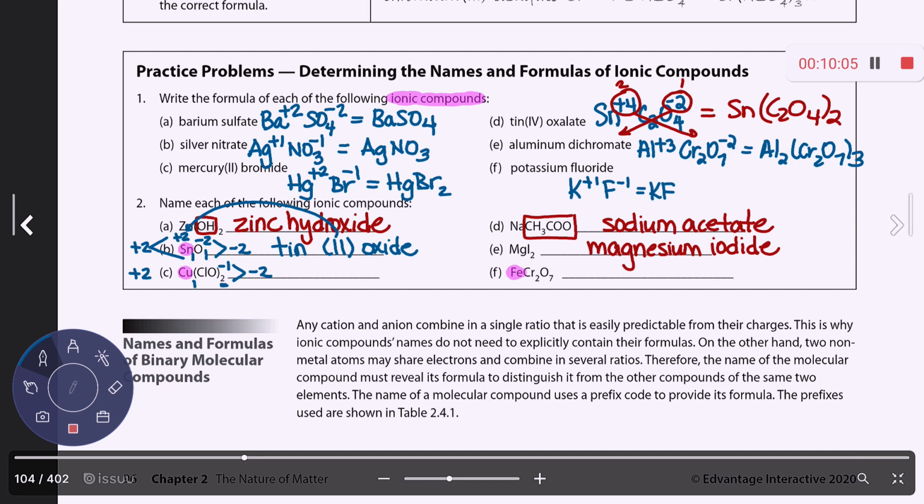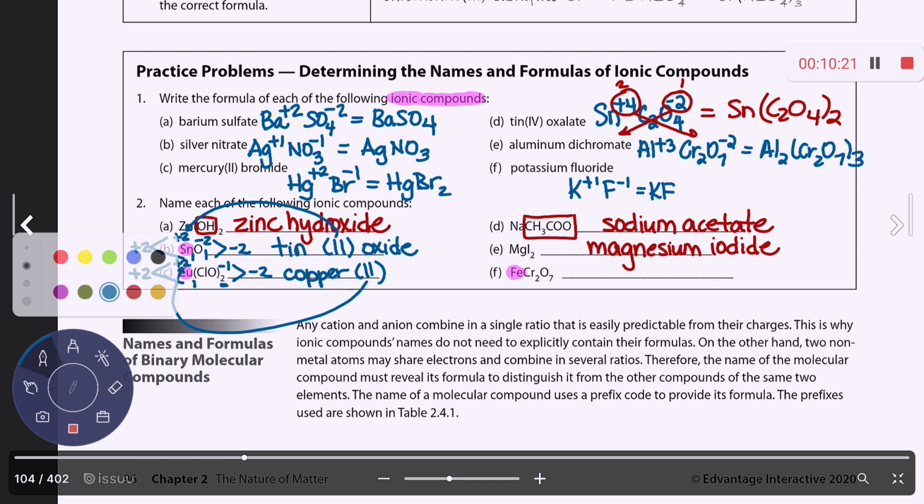So if I've got 1 copper, 1 times 2 would give me this +2. So when I name this, this is copper, Roman numeral 2, because of the charge on the metal that we just figured out. And then anytime you guys have parentheses, you name what is inside the parentheses.